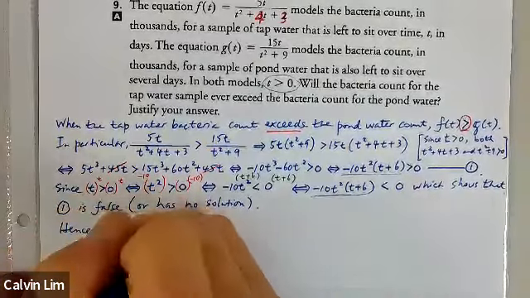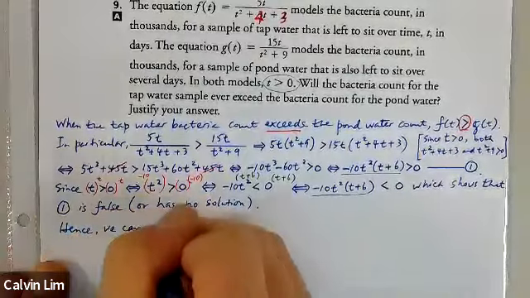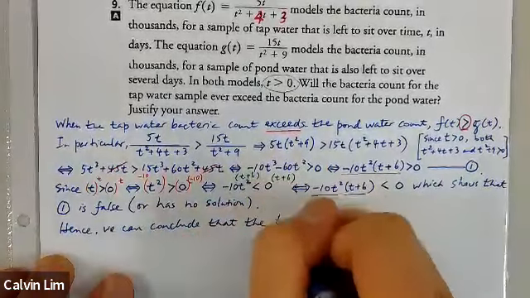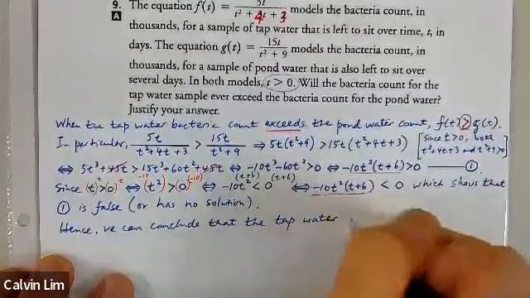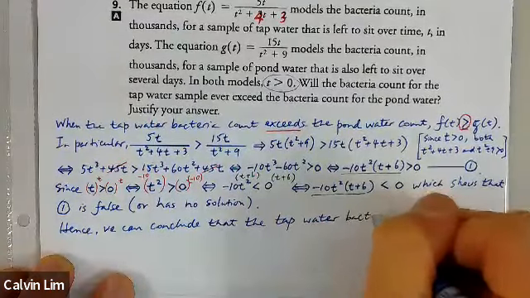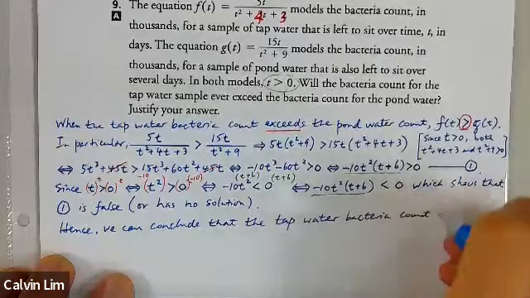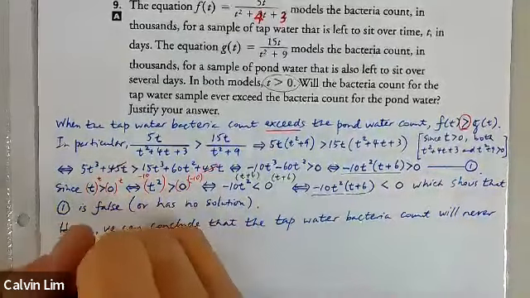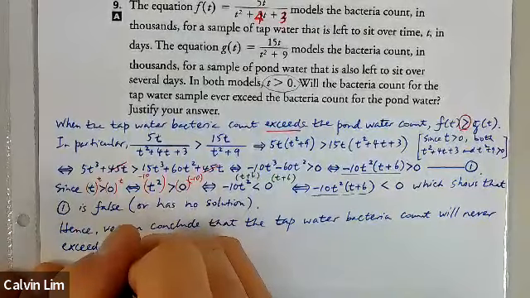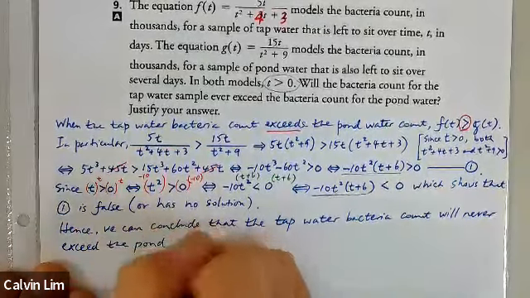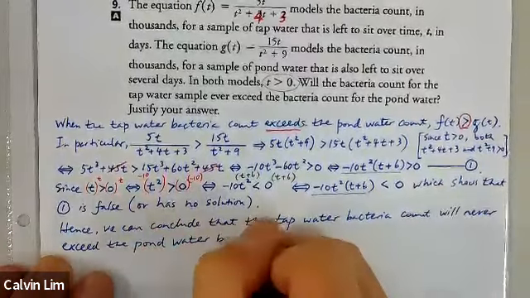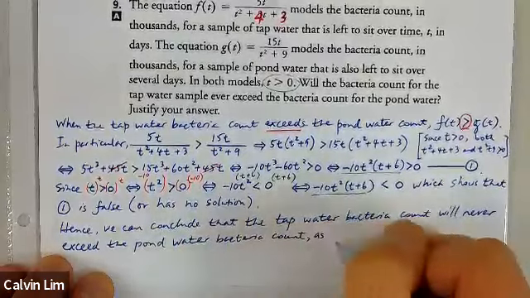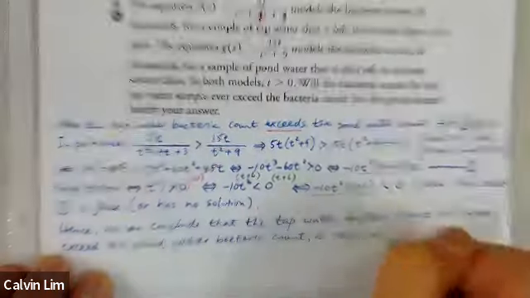Hence, we can conclude that the tap water bacteria count will never exceed the pond water bacteria count. As required. Okay.